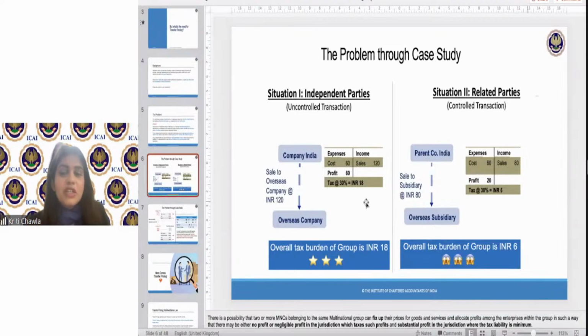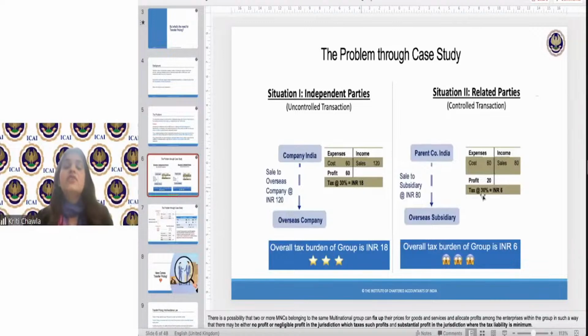Well, that is because the commercial and financial relations were different. So Article 9 says that if the profit is lesser, then what tax authorities need to do is add back the profit. In this particular situation, they say that we will add back 40 rupees, and we will tax this accordingly.